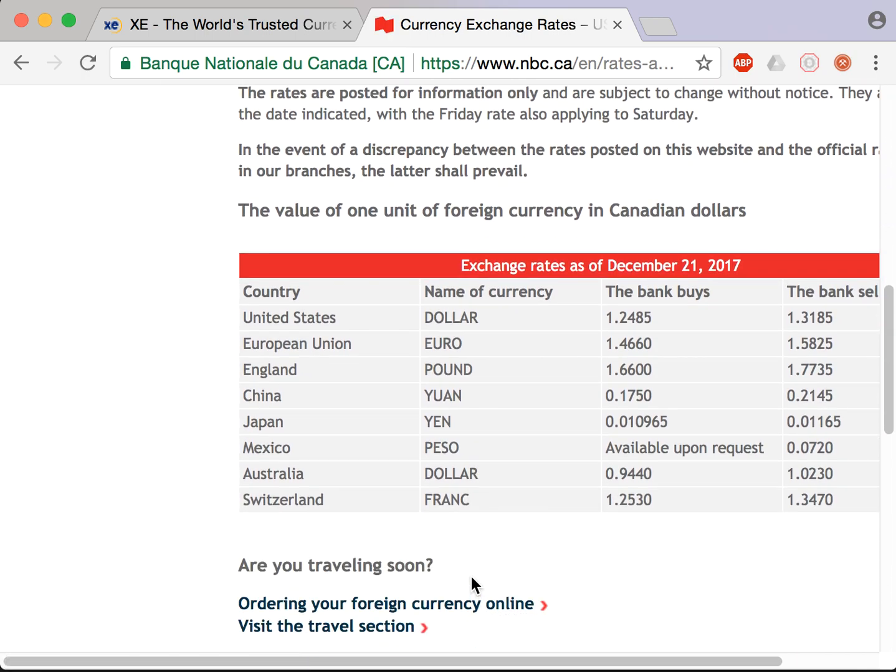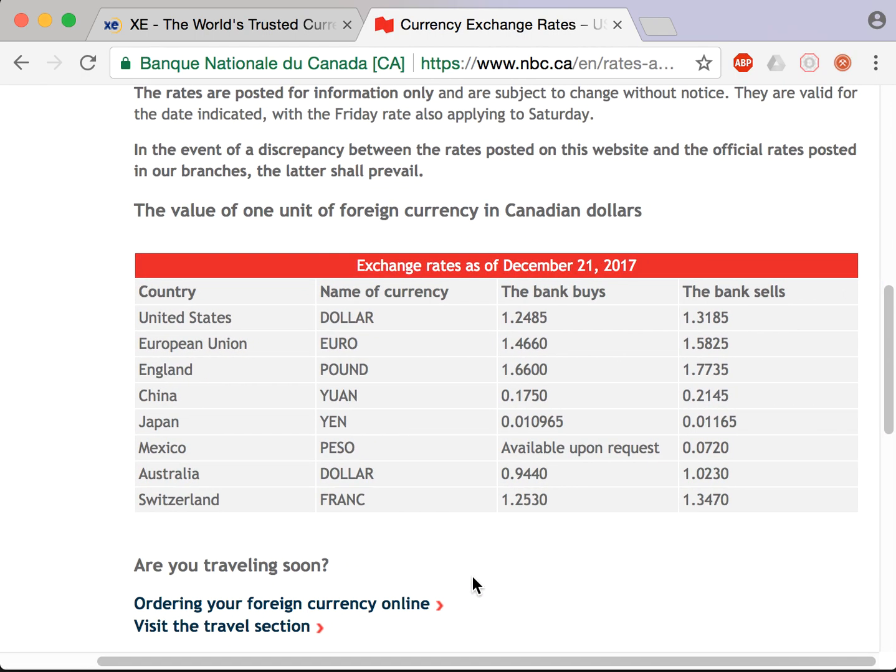So if we look at this here, what we can notice is we have US dollar for Canada, 1.24 or 1.31.